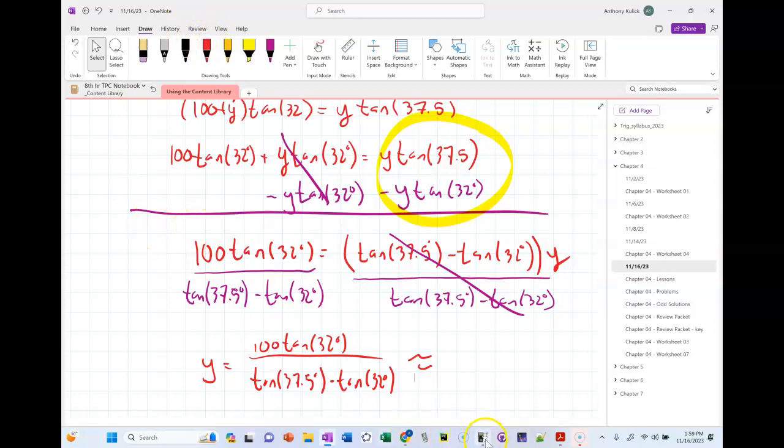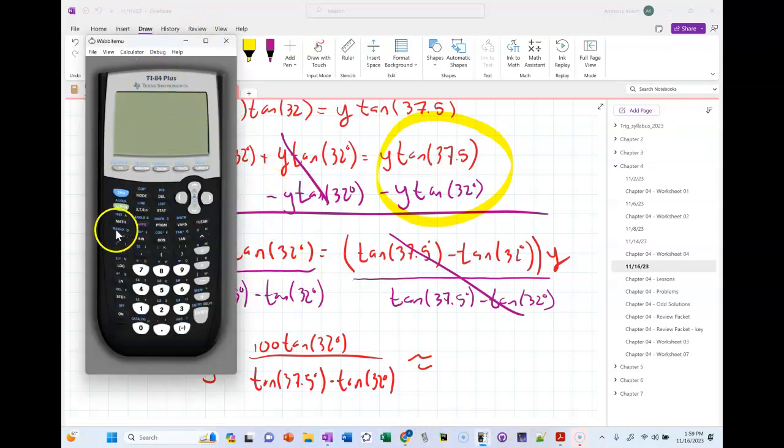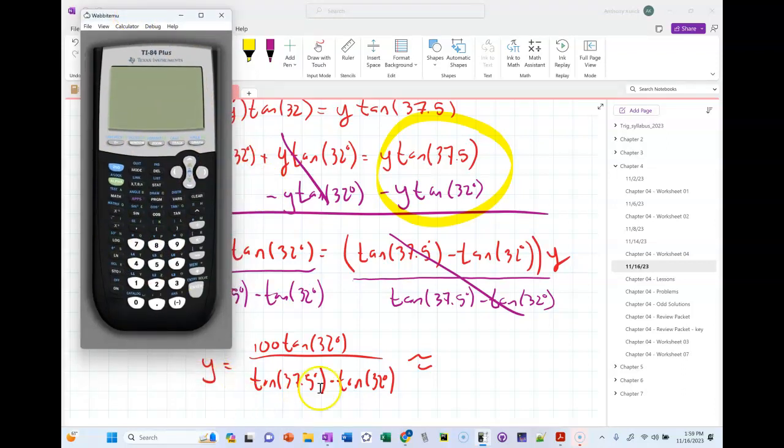Now, to type this into my calculator could be a little bit tricky, right? To do this in one line on my calculator, I'm going to have to do some crazy parenthesizing. Or I can use that horizontal fraction bar like I've shown you before. That's what I'm going to do. So I'm going to press alpha, y equals, and then choose option 1. That gives me the horizontal fraction bar.